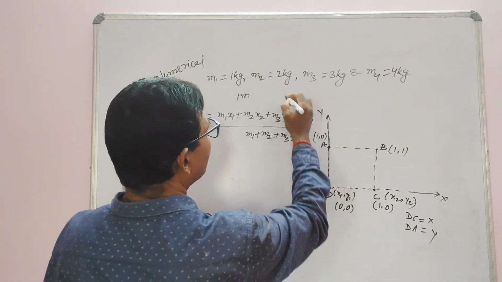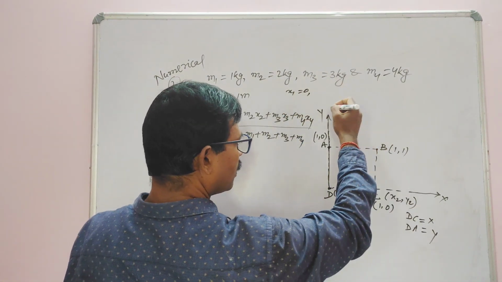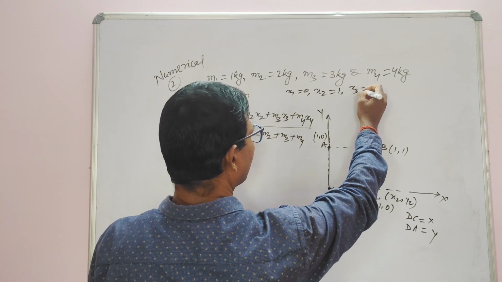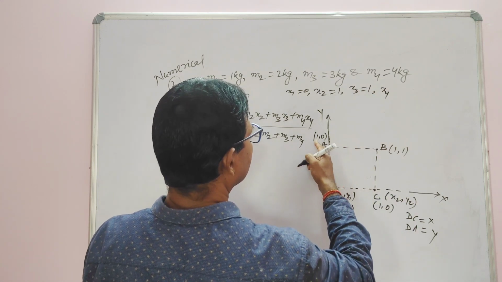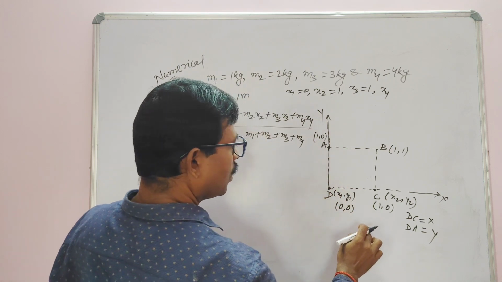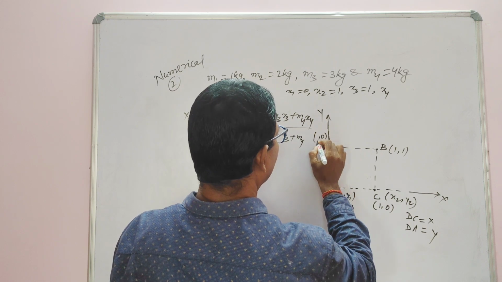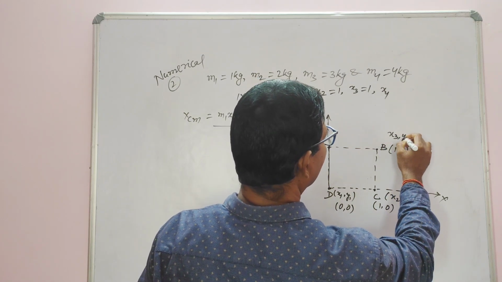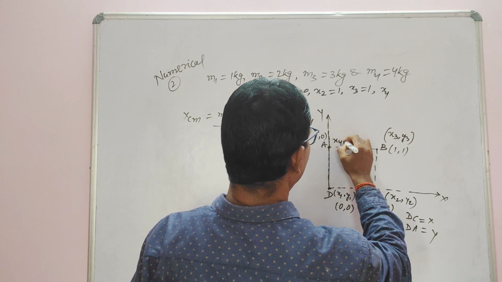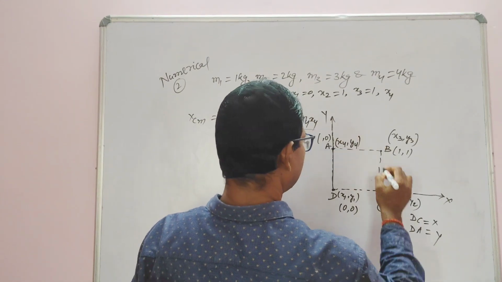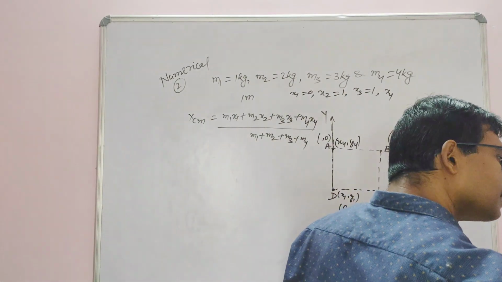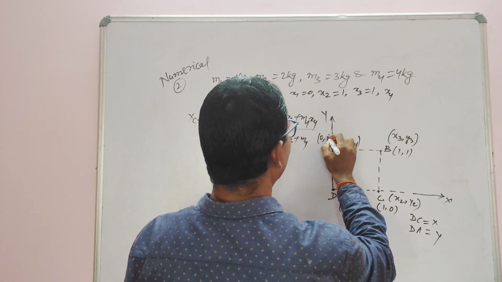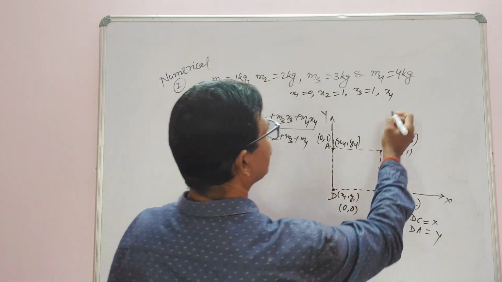Here x1 is 0, x2 is 1, x3 is 1, and x4 is 0, since the fourth point is 0 1.